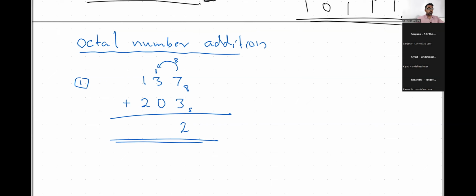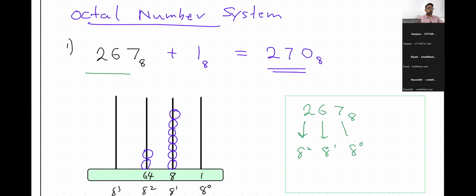Right, 3 plus 1. Do you remember the counting frame? Octal. What we just did here, we got 7 here. We put 7 circles. Plus 1, it will become 8. Then all 8 circles we bring into the next position as 1 circle. That is why this 6 became 7 here.